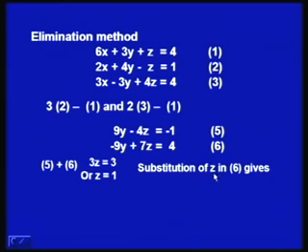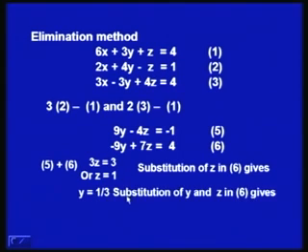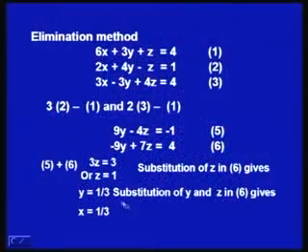Now, if you substitute z in 6, we can get y as 1/3. Substitution of y and z in 6 will be satisfied automatically, but when we substitute the values of y and z in equation 1, we will get x = 1/3. So, this system of equations is solved.